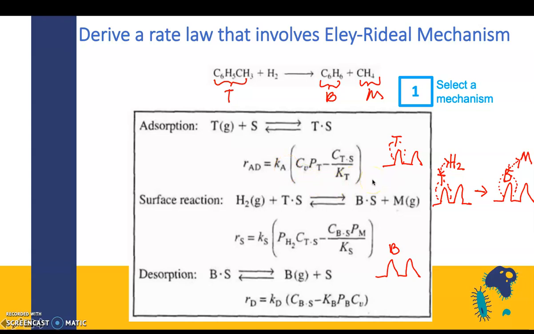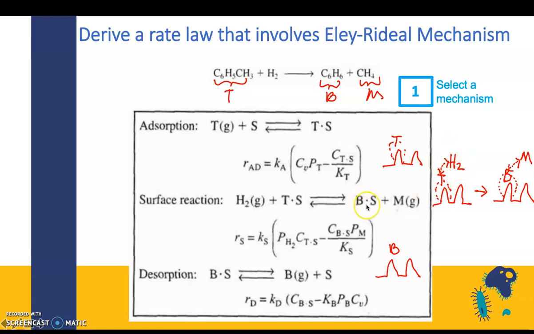This is small ka, the adsorption constant. If we want to describe it in a diagram, this is what it looks like when T is adsorbed on the catalyst surface. When we go to the surface reaction step, the hydrogen makes a bond with T. It will not adsorb on the catalyst surface, but it will make a bond between hydrogen and toluene.